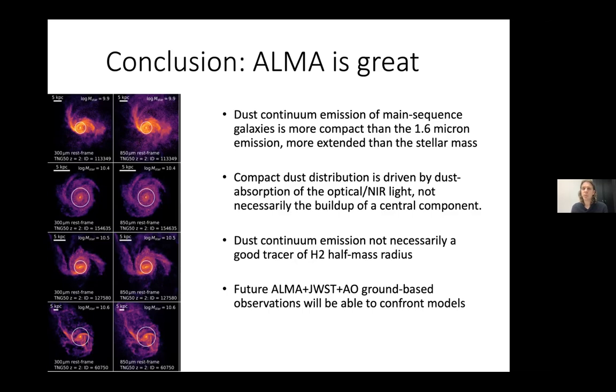Actually, what you see quite frequently, which is also quite exciting, is that the locations where the dust continuum emission is offset from the locations where the UV emission is. And this may very well just be complex dust geometries, where some of the emission is coming out through a channel in the UV where there is no dust obscuration, and in other locations the dust obscuration is so strong that hardly any UV emission is coming out.